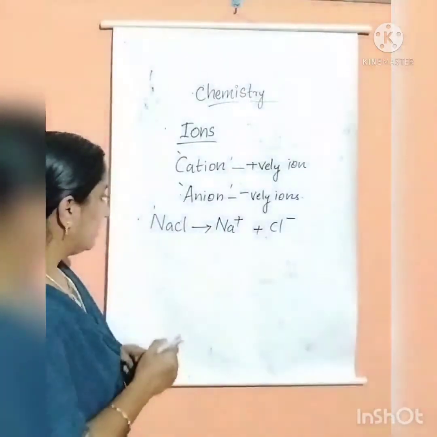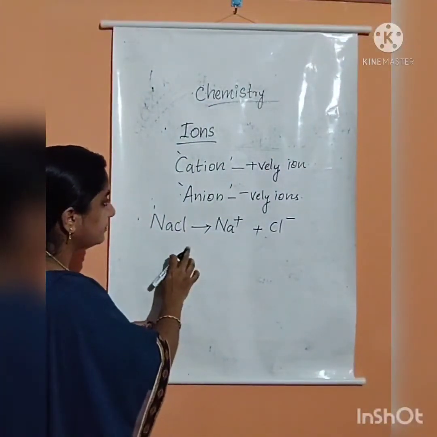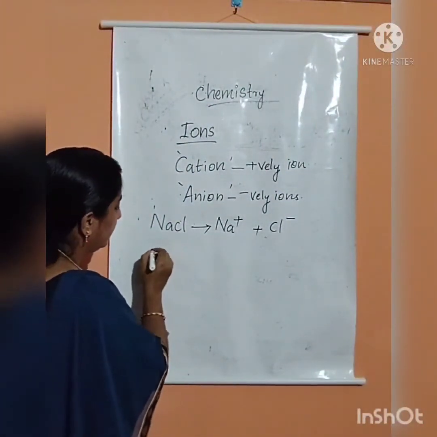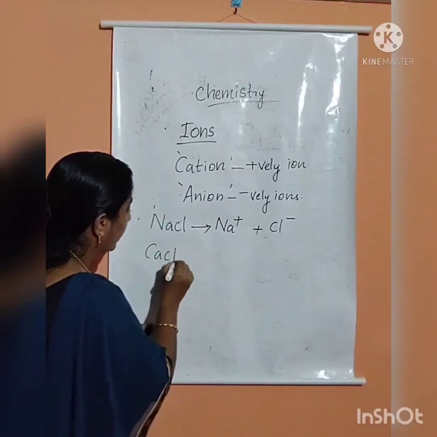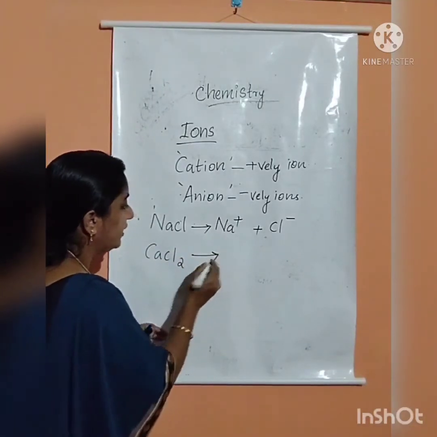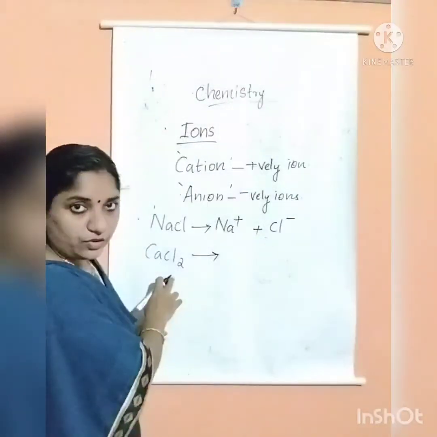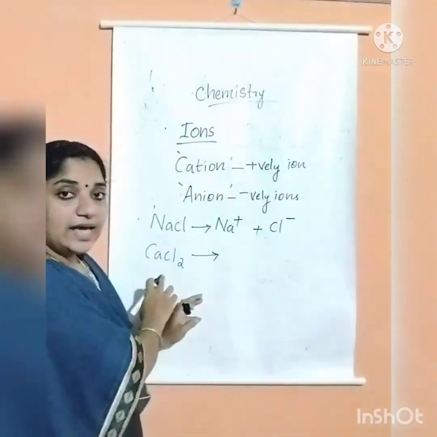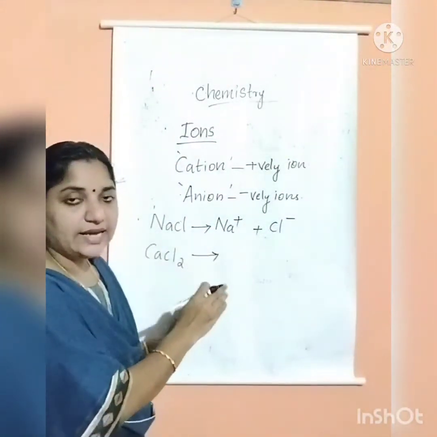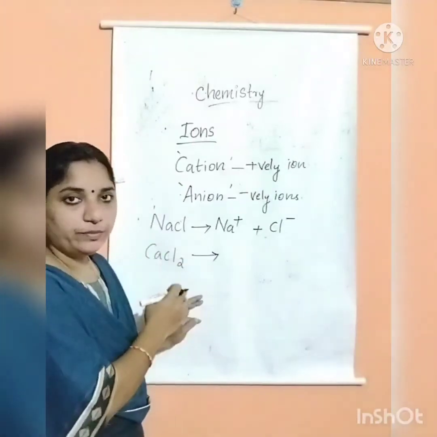Okay. Another one is calcium chloride. Calcium chloride is another ionic compound. Here calcium is the metal and chlorine is a non-metal.